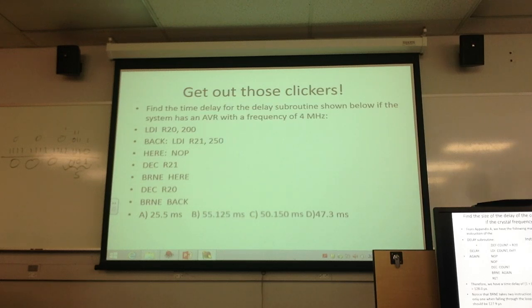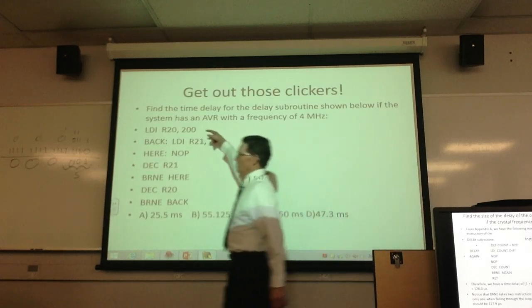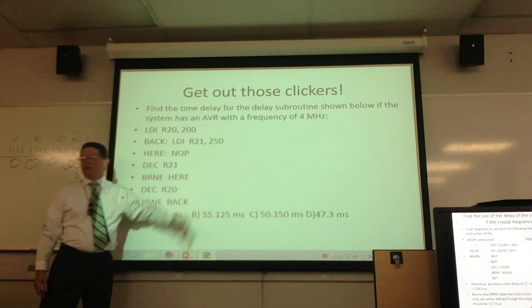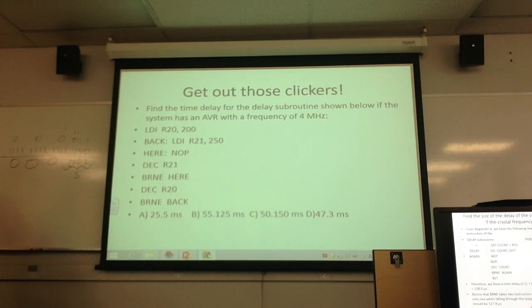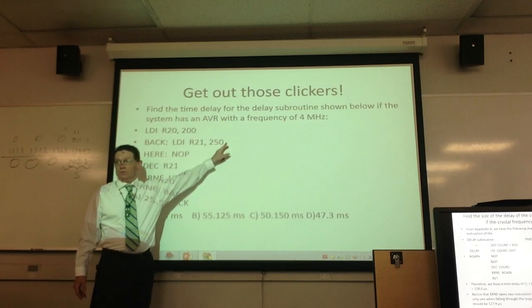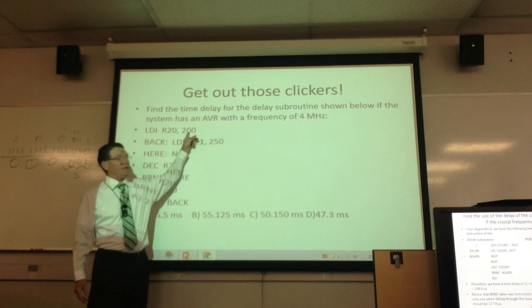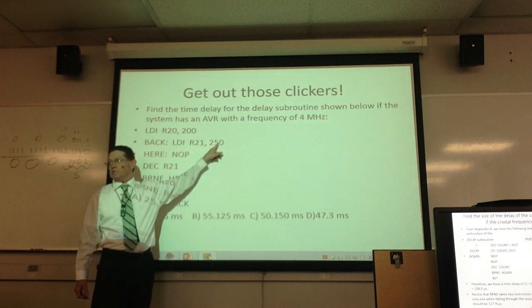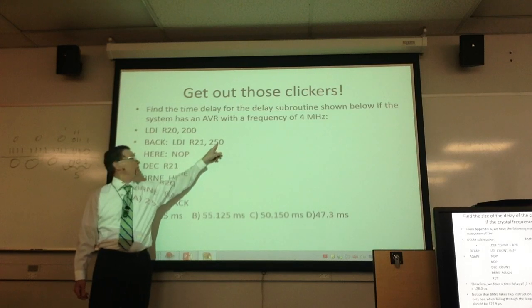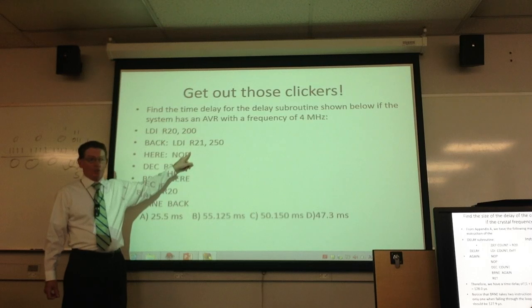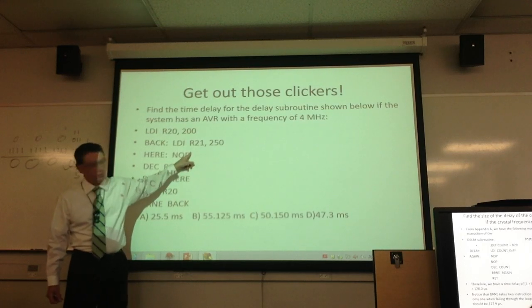This is going to be done once, one instruction cycle. How many times is this going to be done? Not 250, it's inside of here. 200. So this will be executed 200 times. How about here? 200 times 250.